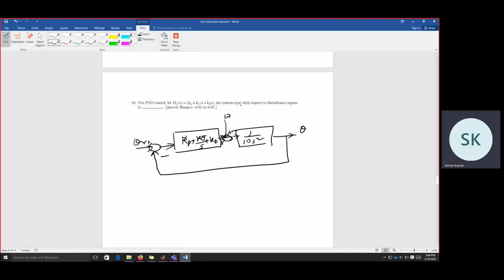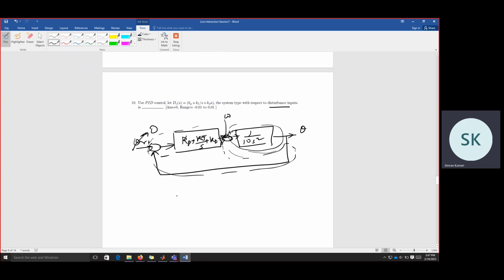Okay. So what is the system type with respect to the disturbance input? For this one, now if you see, this is the input. Because we are considering disturbance as input, we will consider the reference to be 0. This will be the forward path and this will be the feedback path.